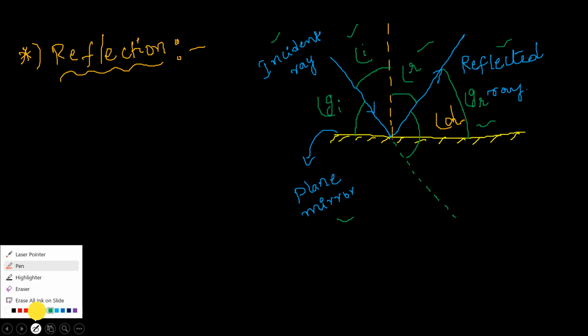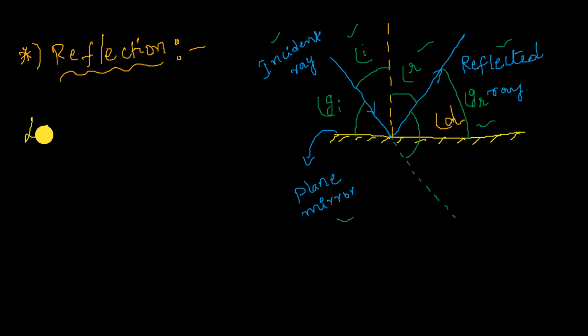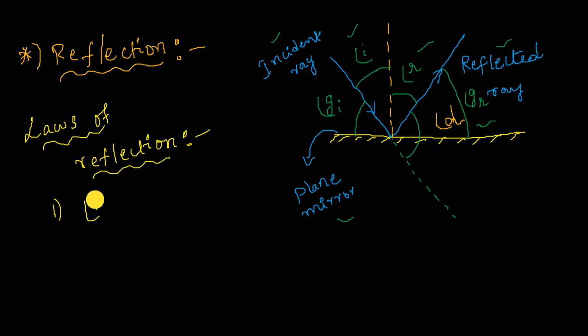Next we'll discuss the laws of reflection. The first point is that the angle of incidence is equal to the angle of reflection, and the incident ray, reflected ray, and normal line lie on the same plane.